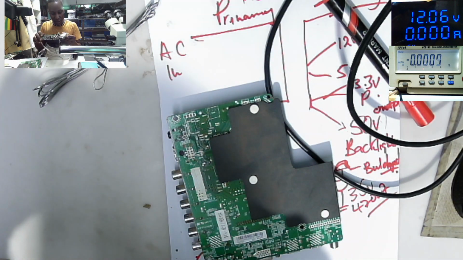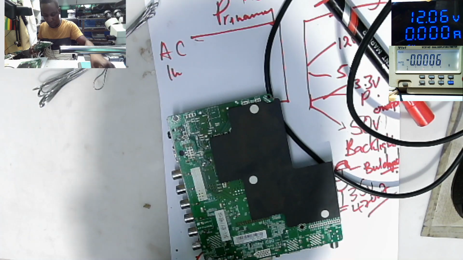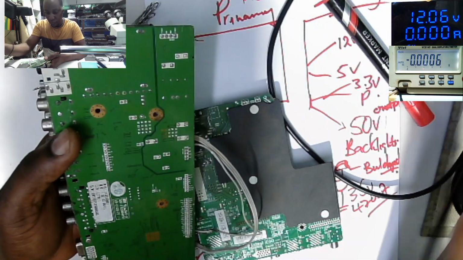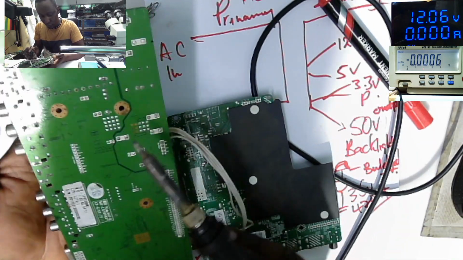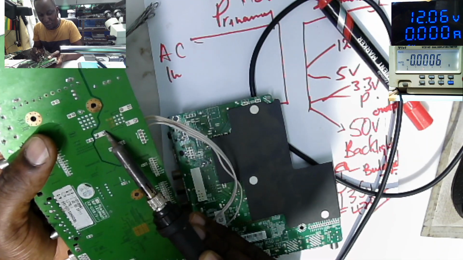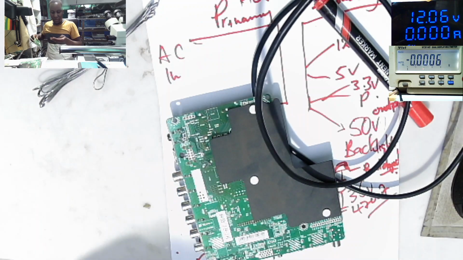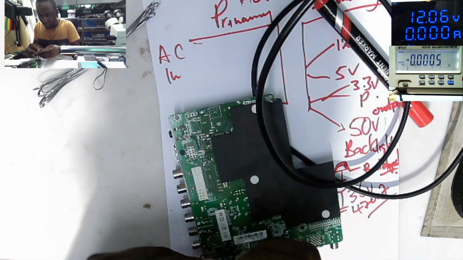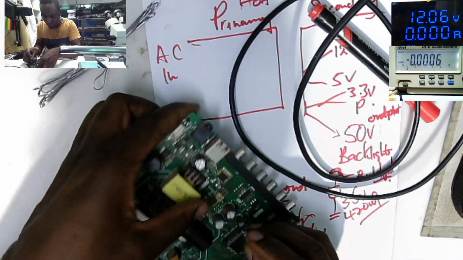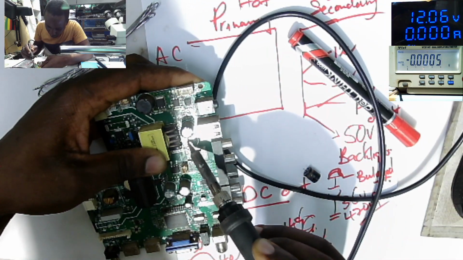Let's look for another capacitor, same value, 35 volts 470, 35 volts 330. This one is almost the same. Easy. I wish I could have such kind of jobs on a daily basis, you know, because you don't need to stress yourself trying to find out what is the fault.